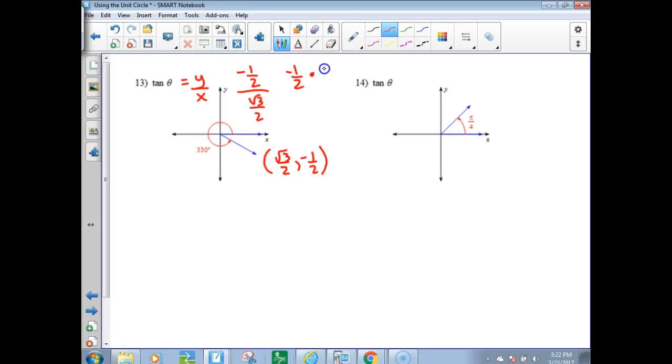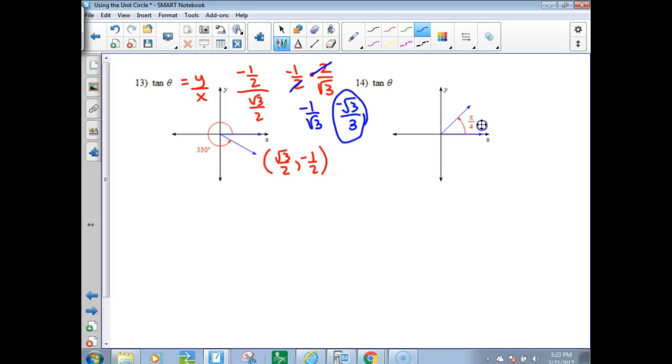So you multiply by the reciprocal, and the 2's cancel out, and you get negative 1 over the square root of 3, and then you have to rationalize it. You multiply top and bottom by the square root of 3 and the answer is negative square root of 3 over 3. That's about as complicated as it gets.